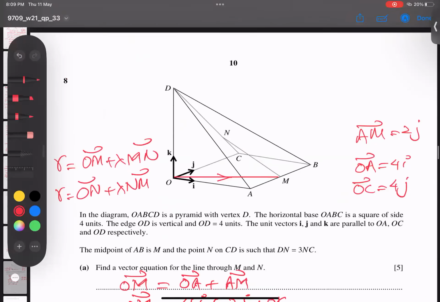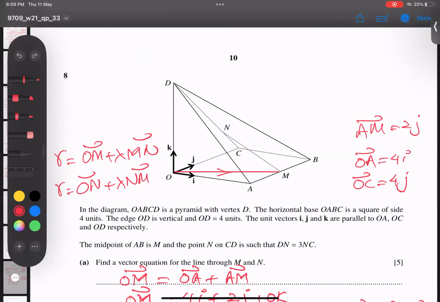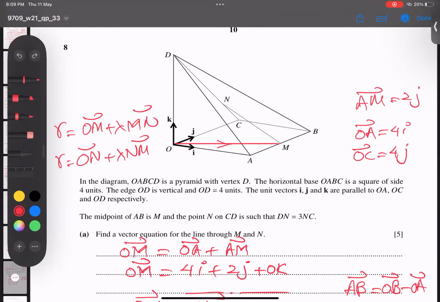Now what is OD? OD is given here: 4 units parallel to the z axis, so 4k.